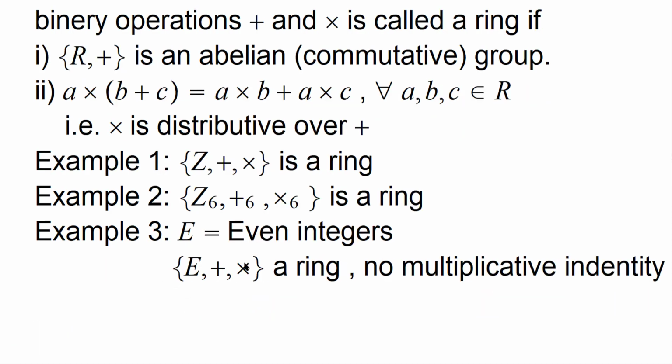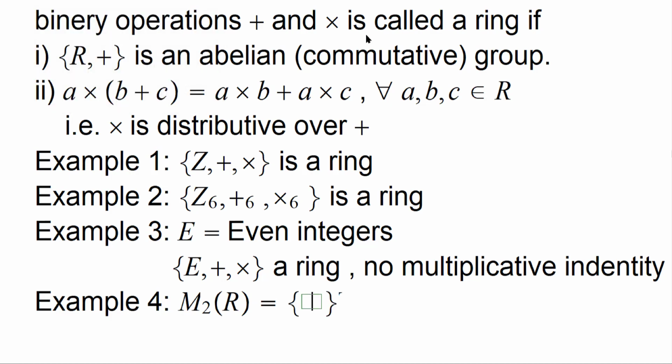Let me just do this here so that these are well aligned, and we may take another example. Let's go to an example that we had taken in the beginning for groups. Say we take M2(R) to be the additive group of all the 2 by 2 matrices with real number entries.